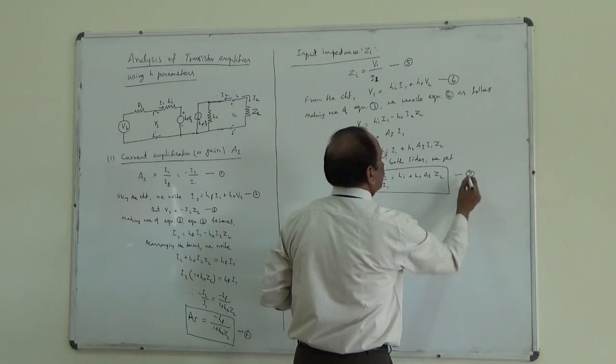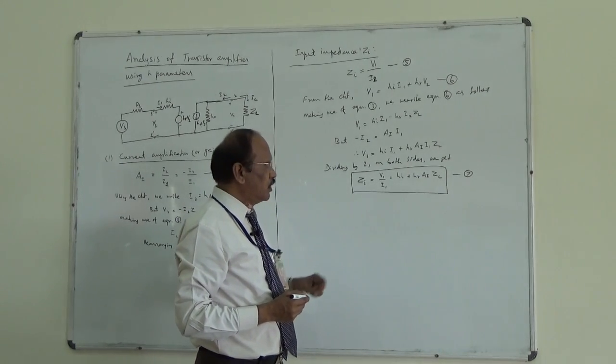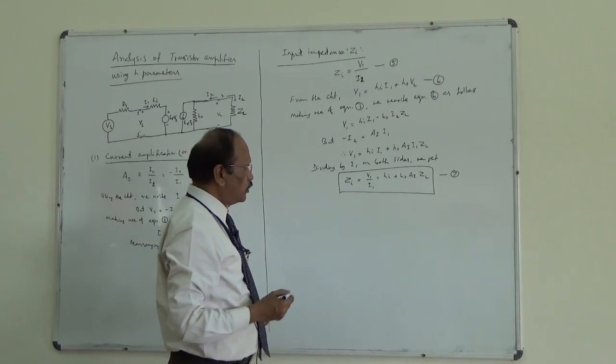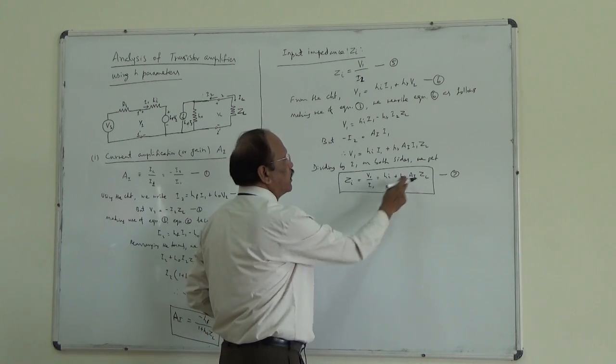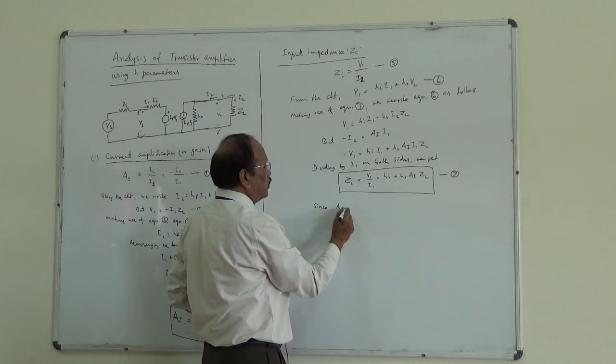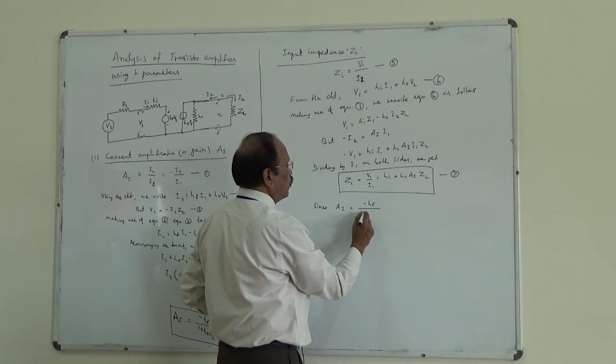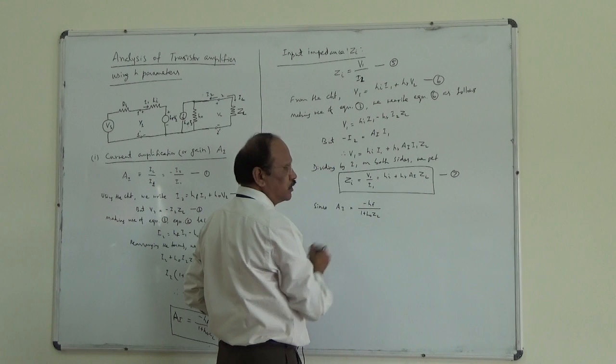So, this is the expression for the input impedance. Now, we can rewrite this expression by substituting for AI, since AI is equal to minus hf by 1 plus h naught ZL.